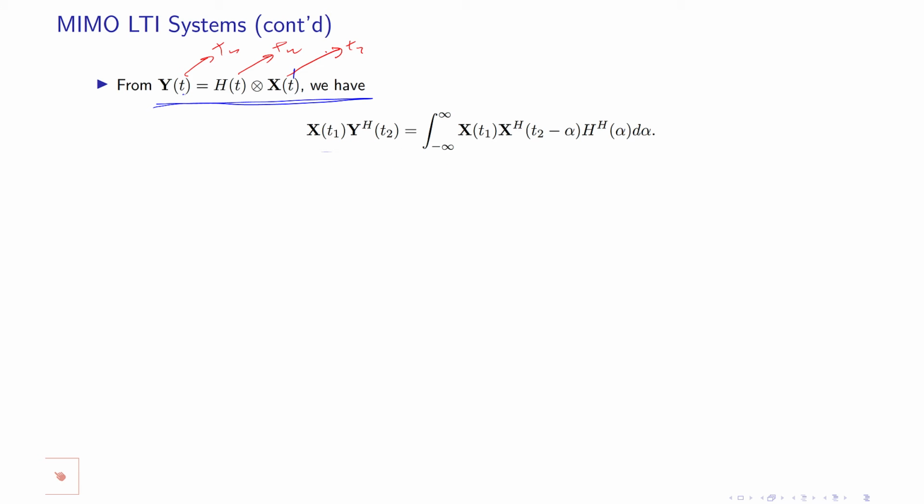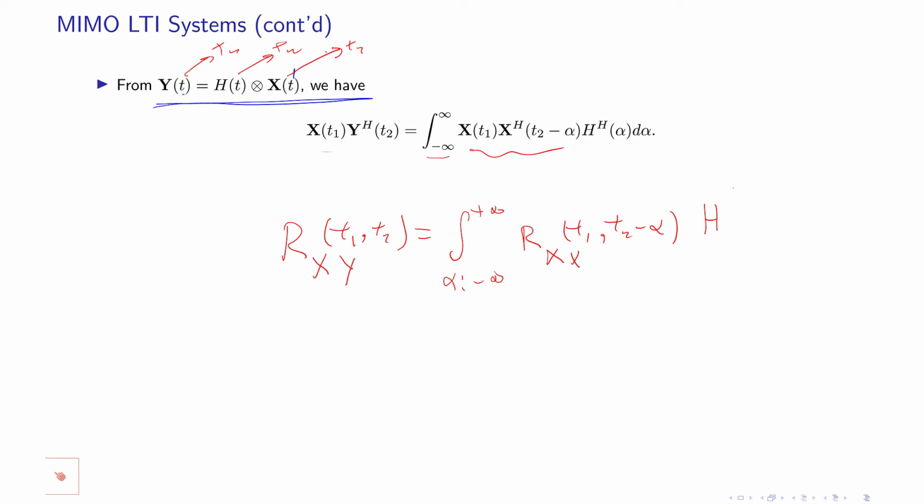So if I do that, here I get R_xy at time t1 and t2. And then the expected value can go inside the integration. I get the integral over dummy variable alpha from minus infinity to plus infinity. The expected value of these will become R_xx at time t1 and t2 minus alpha. And then I will get h Hermitian of alpha, d alpha.